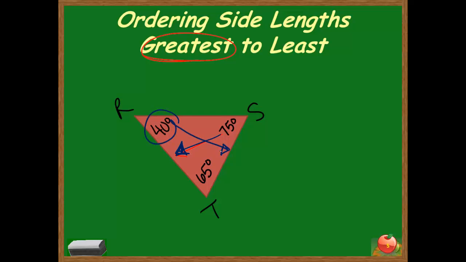This is the smallest side. So I'm going to start with RT, the largest side, because I want the greatest, the middle one is RS, and it'll end with ST or TS. So these are from the largest side over here to the smallest side over there.